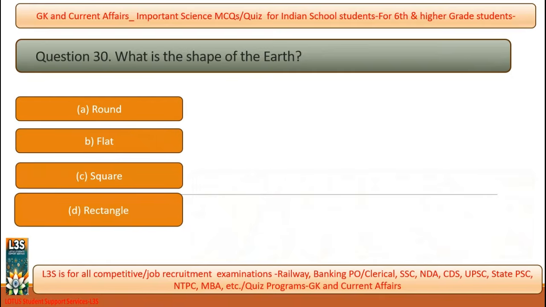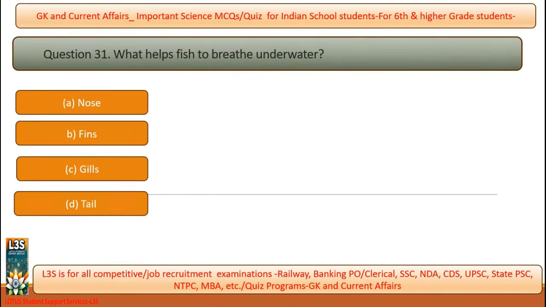What's the shape of Earth? Round, flat, square, rectangle. And the correct option is A, round. What helps fish to breathe underwater? Nose, fins, gills, tails.